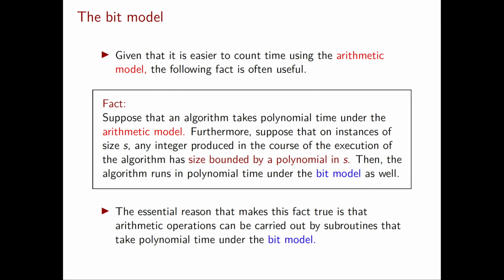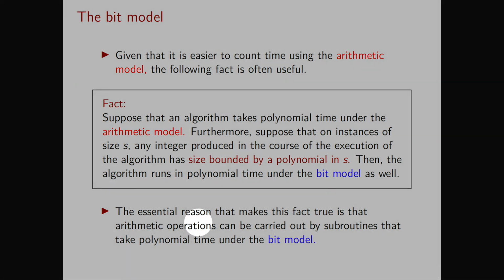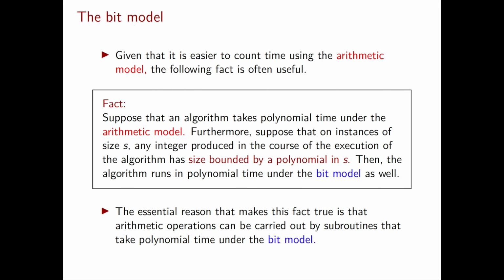It is interesting to notice that most of the proofs in the literature that show that an algorithm is polynomial time under the bit model use this fact. But how can you prove this fact? Essentially, you need to show that under the assumptions of the fact, every arithmetic operation can be carried out by a subroutine that takes polynomial time under the bit model.